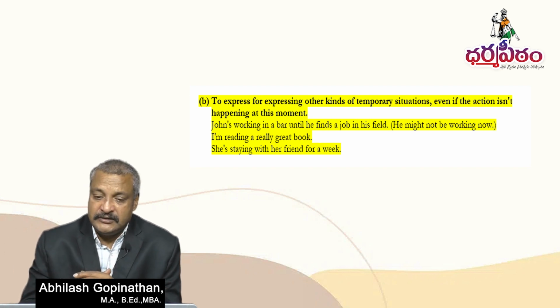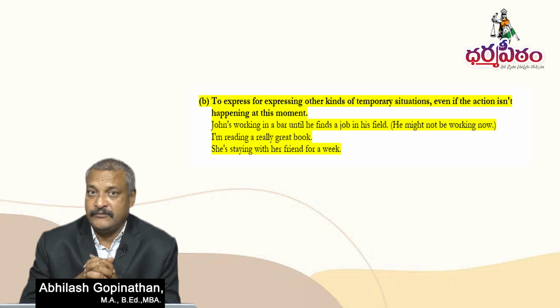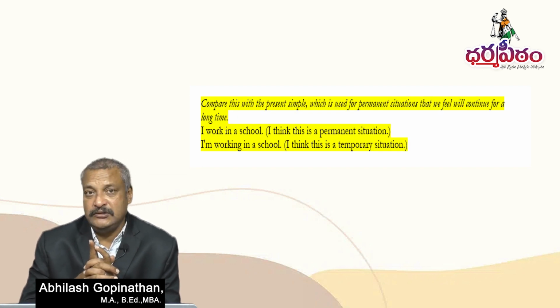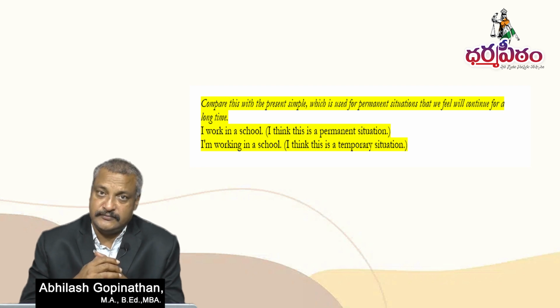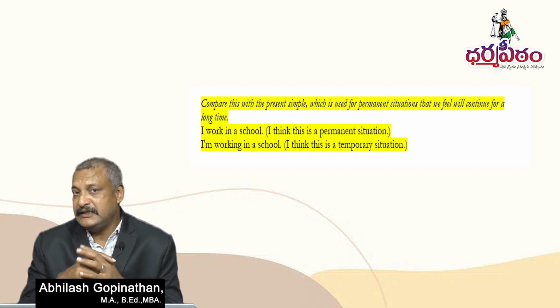This particular usage we have to relate with the simple present tense. For example, we can say, I work in a school, in simple present tense, or I am working in a school. I work in a school is a sentence in simple present tense.